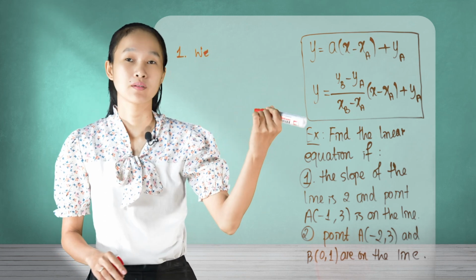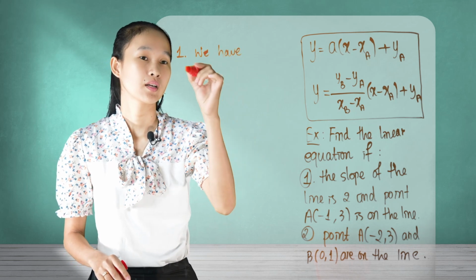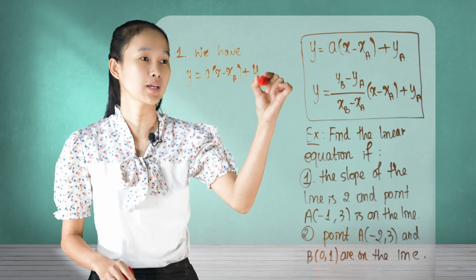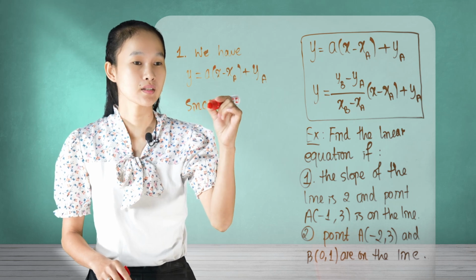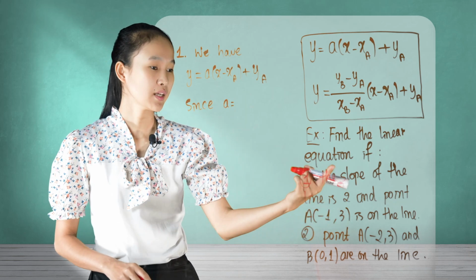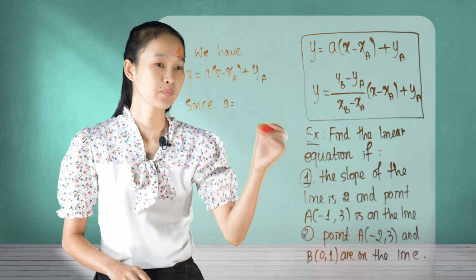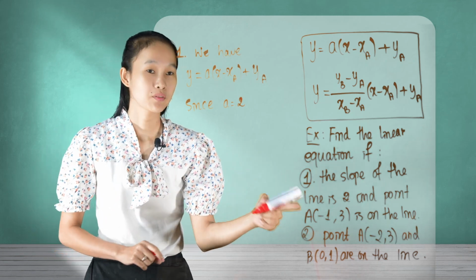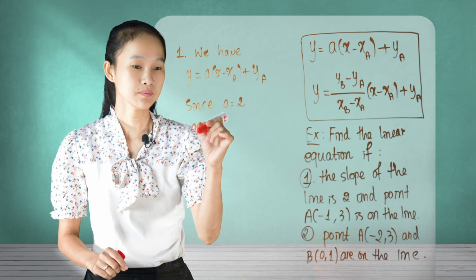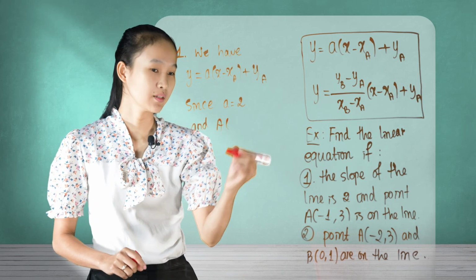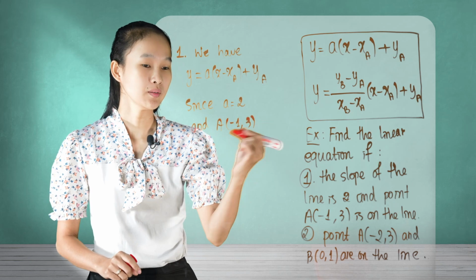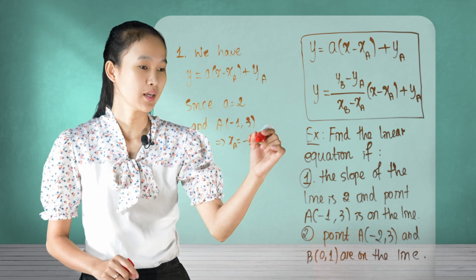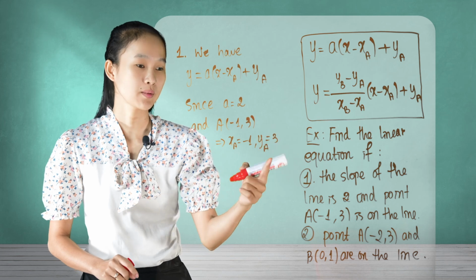You have to write down the formula first. We have y equals a, x take away xA, plus yA. Since the slope a is 2 here, and point A, which is -1 and 3, is on the line, then xA is -1 and yA is 3.